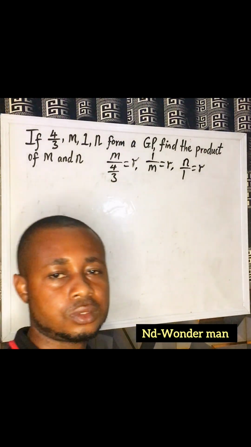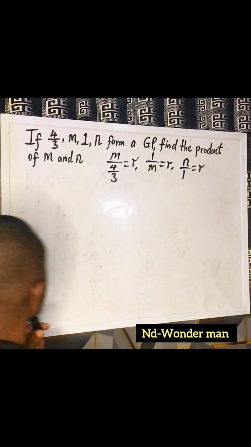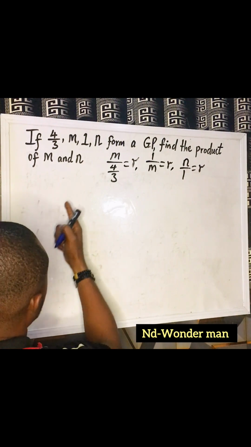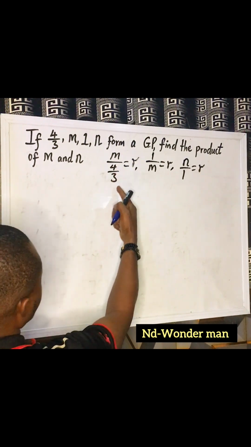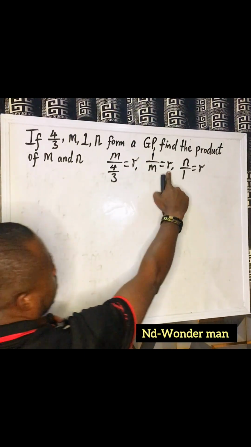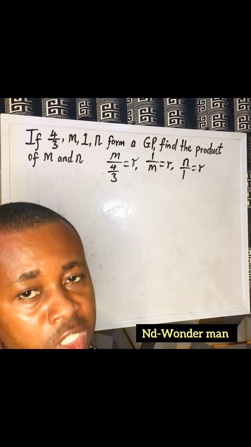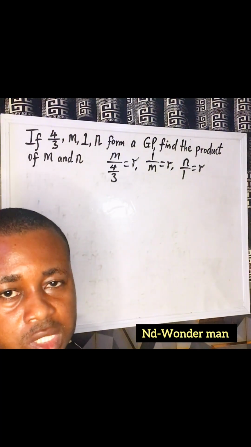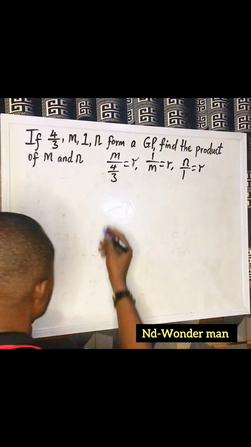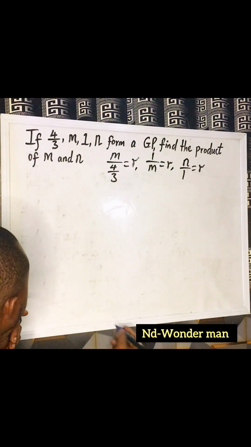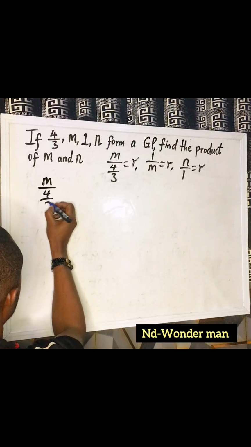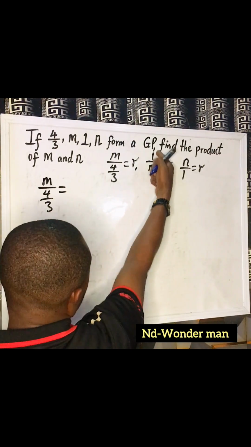Any question? Good. So in this case, I can actually say that if m divided by 4 over 3 is giving us the common ratio, and 1 divided by m is still giving us the same common ratio, why don't we equate the values, as long as they have the same constant common ratio? So the relationship can be established: m divided by 4 over 3 is going to be equal to 1 over m.